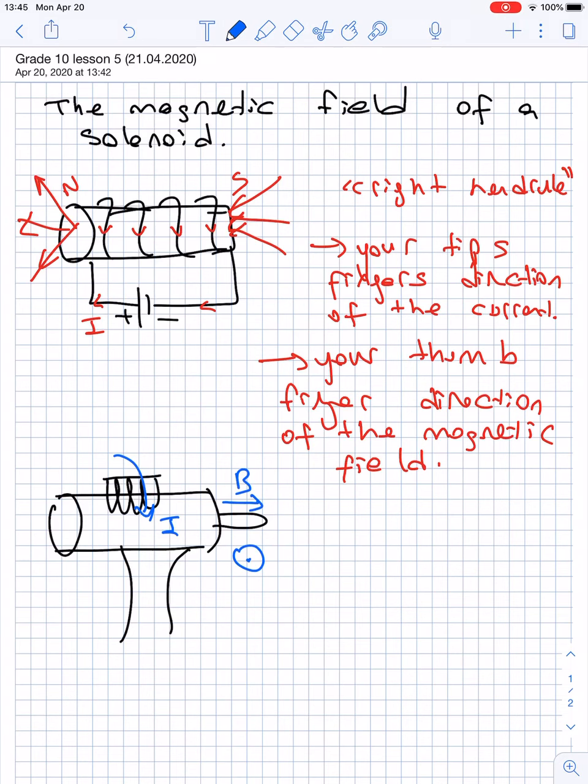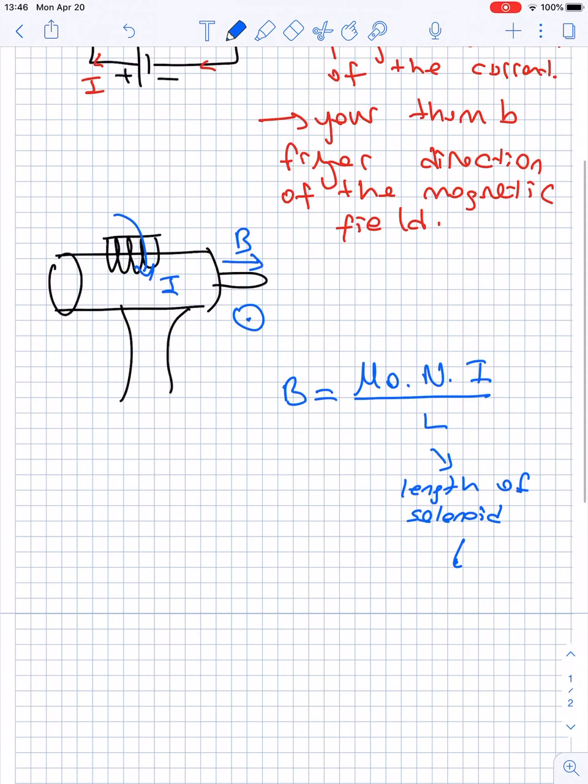And what is our formula? We know the magnetic field symbol is B, and the formula is B equals mu 0 multiplied by N multiplied by I over L. Okay, what is L? This is the length of the solenoid, and the unit is meter. I is the current, and the unit is ampere.